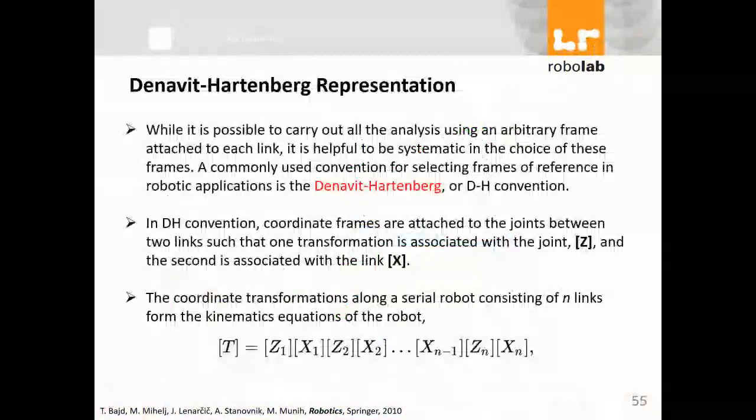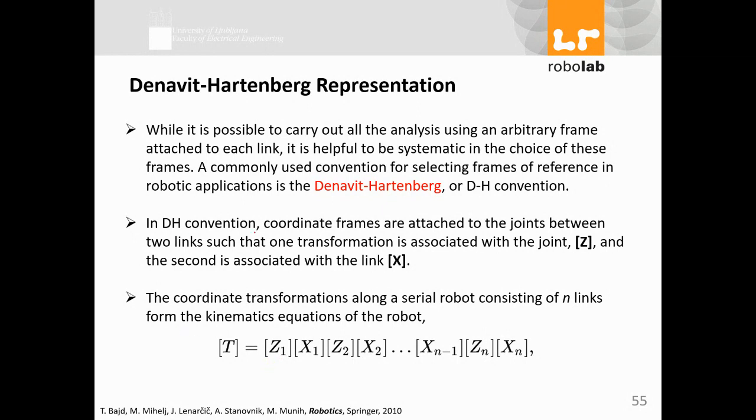If I go back here, with the Denavit-Hartenberg representation, now look at this representation. It says in a robot, from each joint to the other joint, from each section to the other section of the robot, what you need is two sorts of changes. One is translational, the other is rotation. You can build up a simple geometric model for a robot by multiplying translation and rotation, as you can see here.